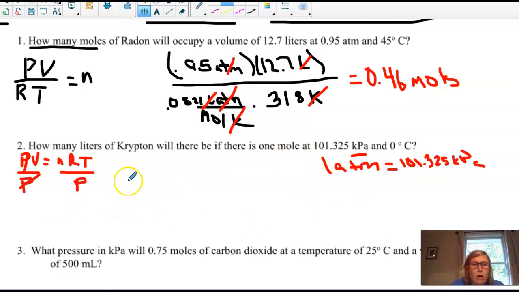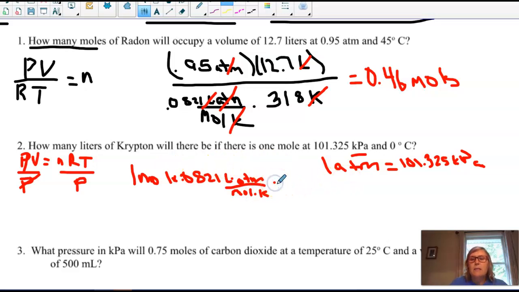So moles is 1 mole times R, 0.0821 liter atmosphere per mole K, times temperature.